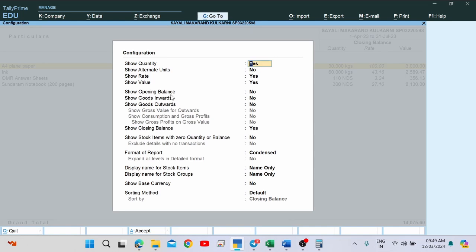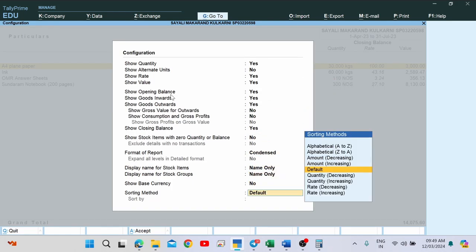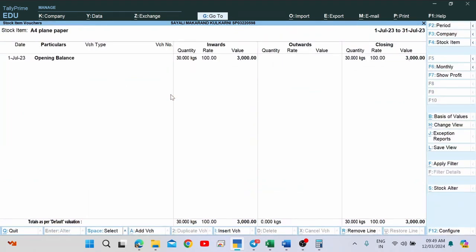By clicking F12, you will get the screen configuration like this. We want opening, in and out. The opening yes, in yes, out also yes, and closing also yes. For all other fields, don't change anything.